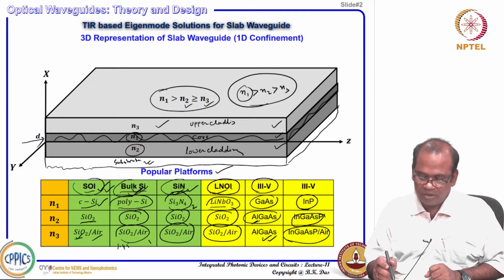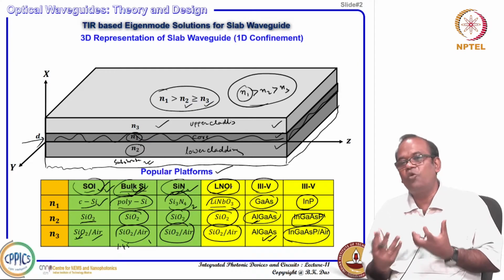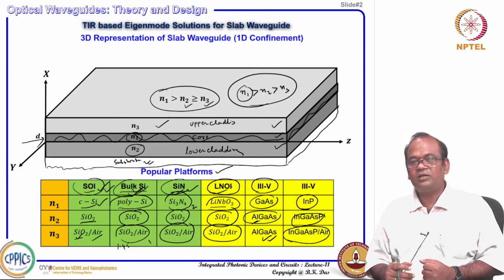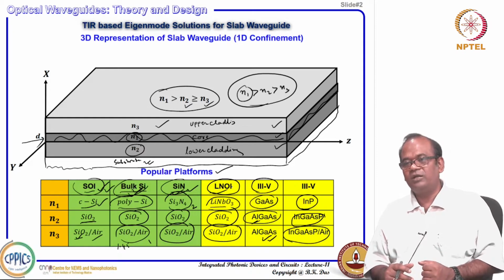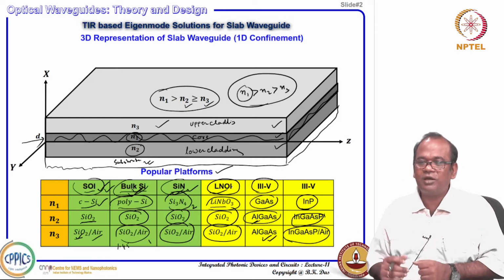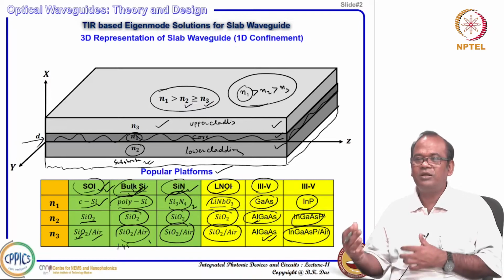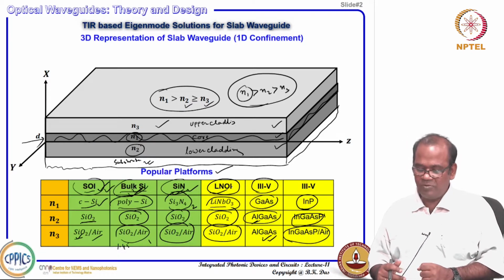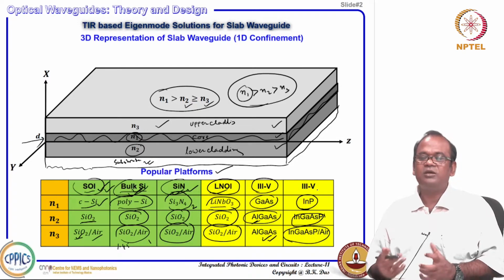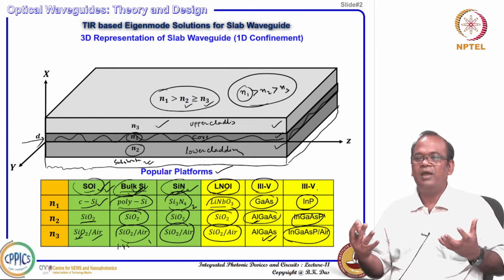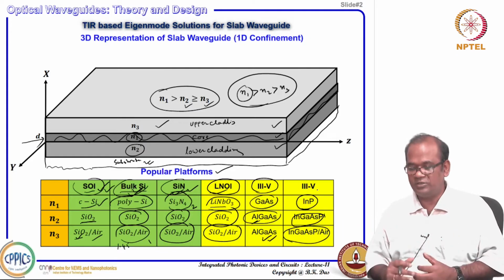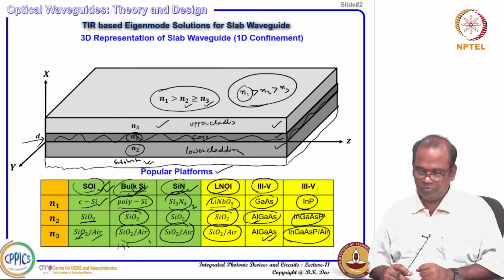However, on the lithium niobate on insulator platform, you cannot co-integrate; your electronics chip will be separate. With 3,5 semiconductors you can co-integrate some electronics, but CMOS electronics you cannot integrate. For some high power electronics, different types of technology are possible, but normally people use these 3,5 semiconductors for separate active optoelectronic devices like lasers and photodiodes.